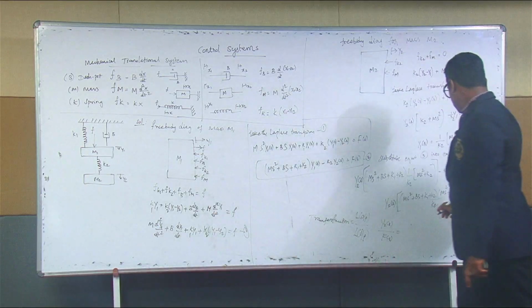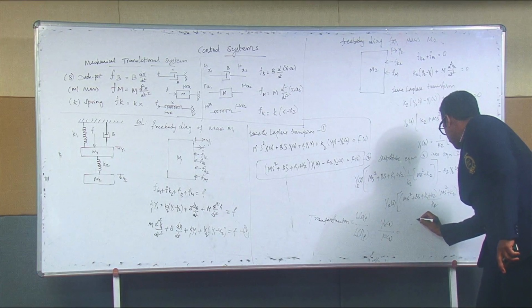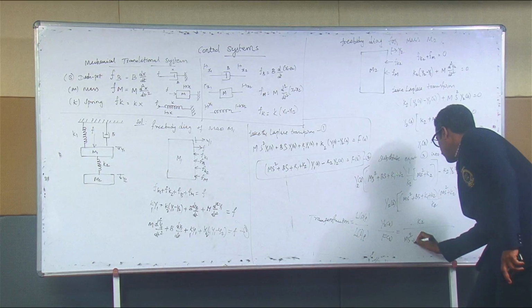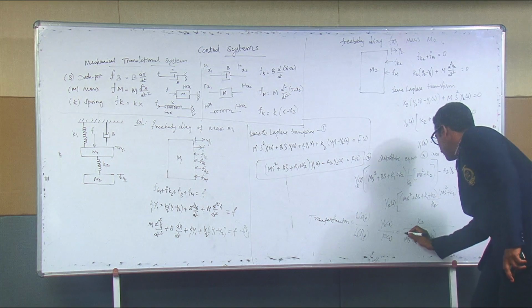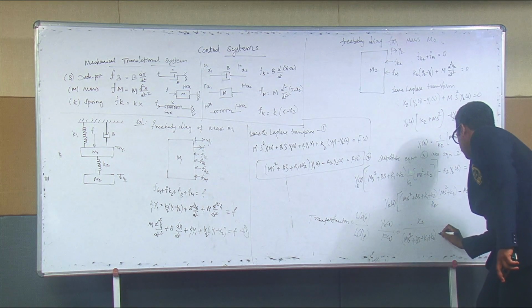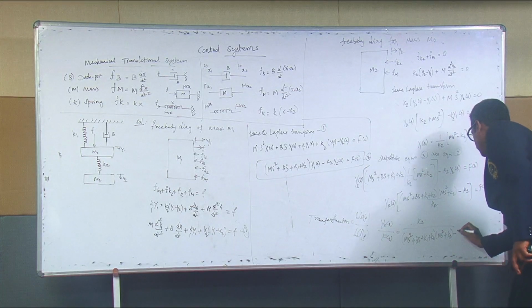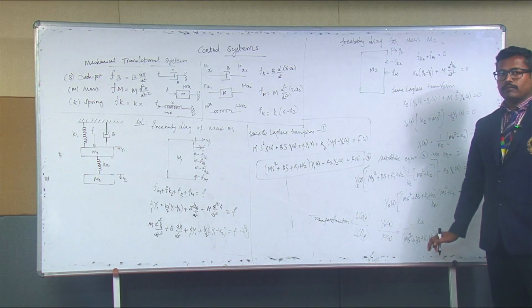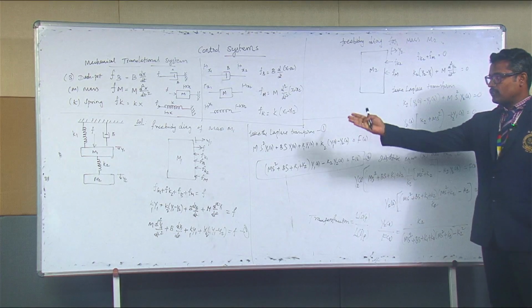The bracket goes to the denominator, so we get k2 divided by, taking the LCM, (m s square plus b s plus k1 plus k2) into (m s square plus k2) minus k2 square. This is the mathematical equation which describes the mechanical system shown in the figure.